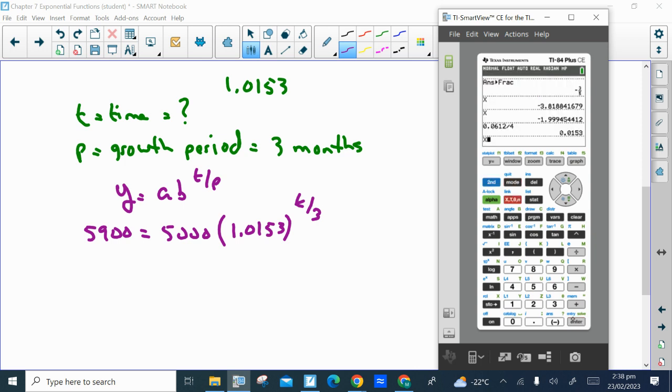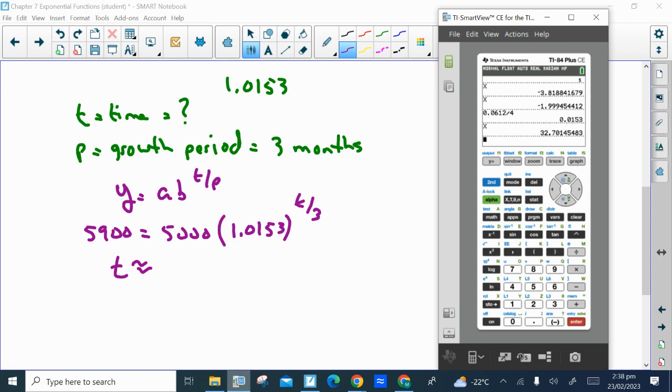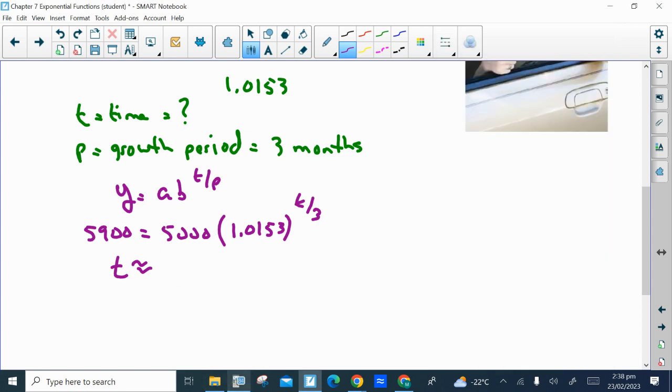And again, if I quit out of there and bring my t value in, 32.701. But remember, this would be in months because our time was in months, our p, our growth period, was in months. So this number will be in months as well, 32.701 months.